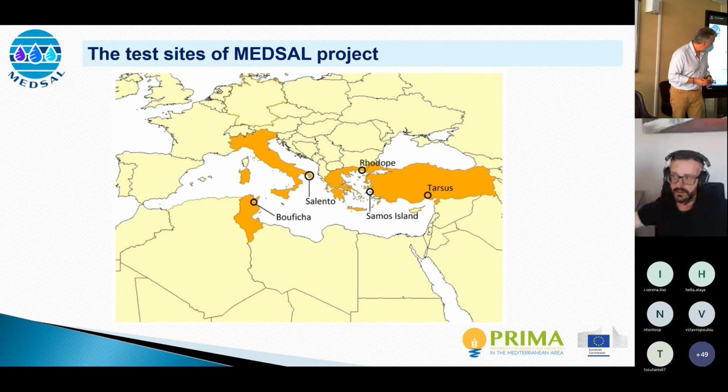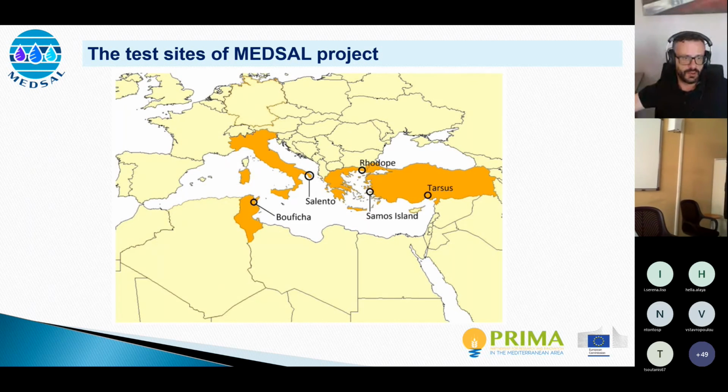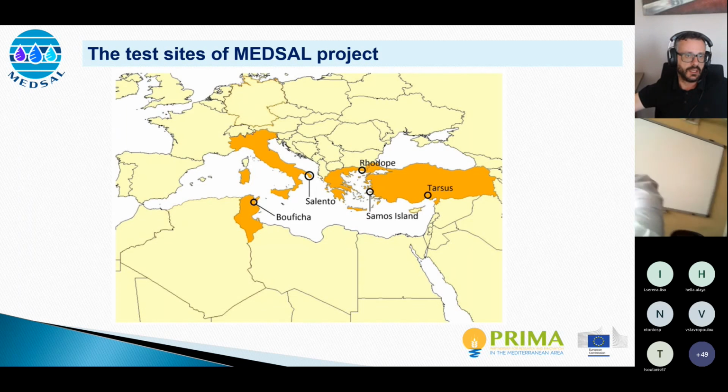So, Vasilis. Okay, so we have 5 case study areas. We have 5 test sites in which we have installed in total 11 probes.